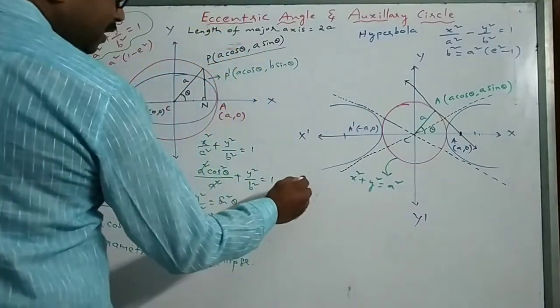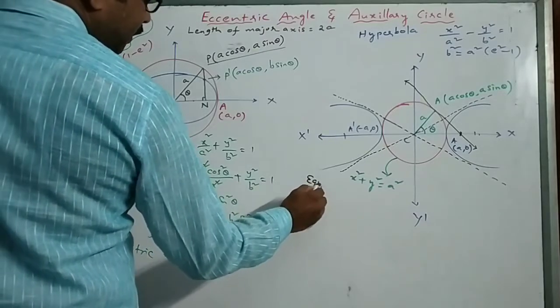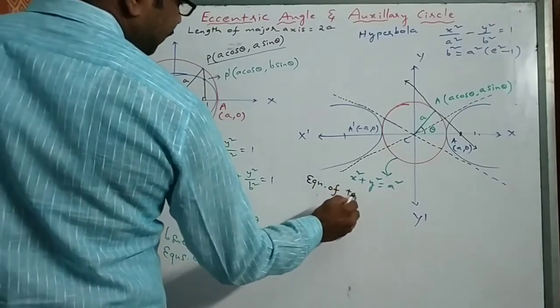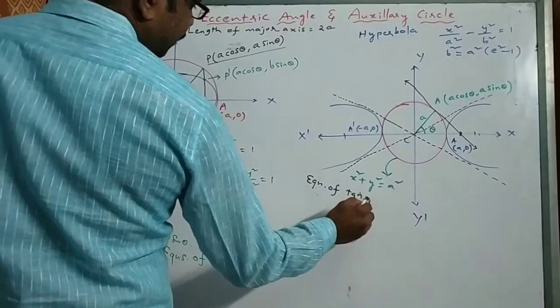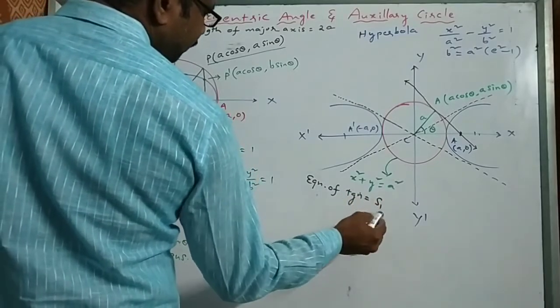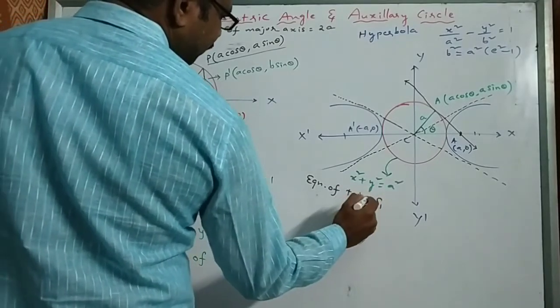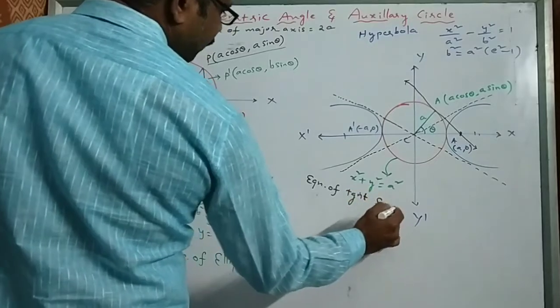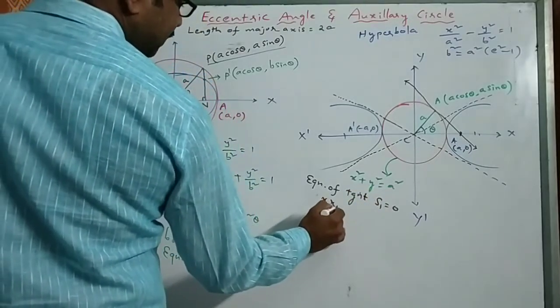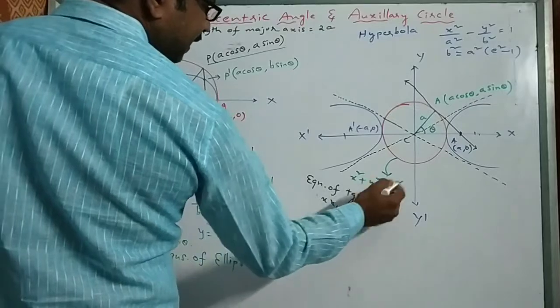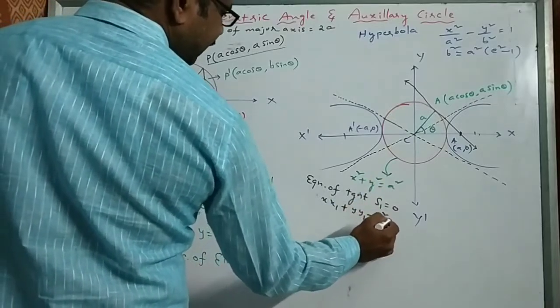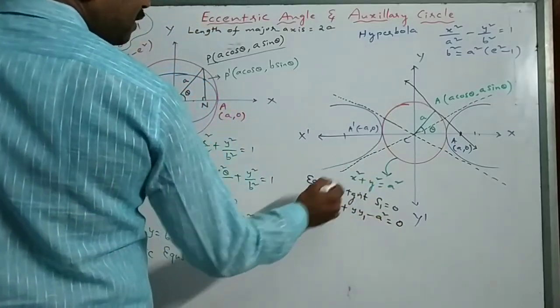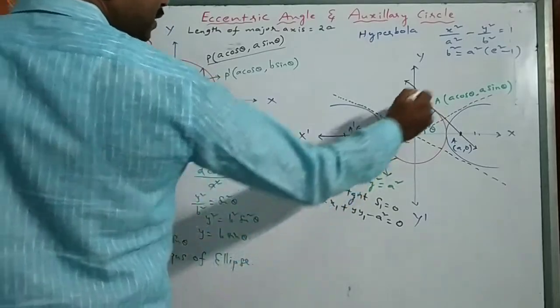What is the equation of tangent there? Equation of tangent, T equal to 0, right? What is T? x x1 plus y y1 for the circle minus a square equal to 0. In the place of x1, y1 you keep this.